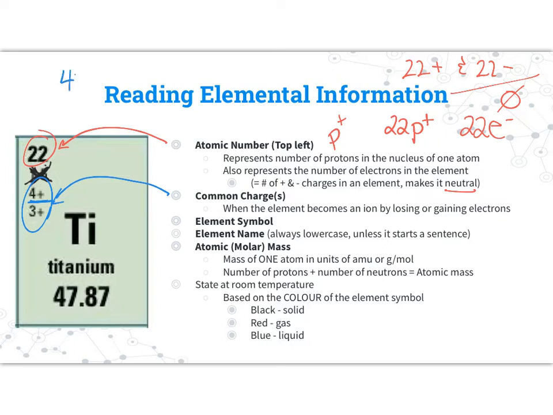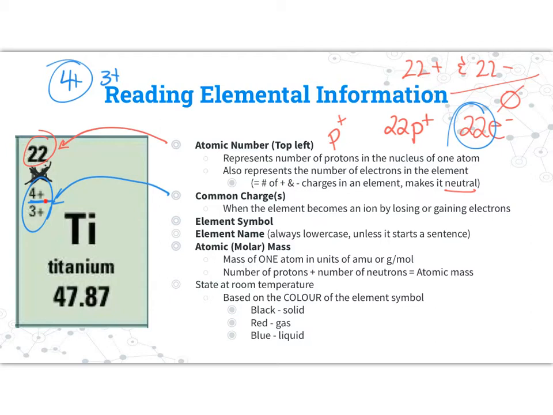We can also write these horizontally in periodic tables, but again, that first charge is the most common regardless of whether it's written horizontally or vertically. So when the element becomes an ion by losing some of these electrons, it will always lose electrons to become this charge, whether it is 1 or 2 options.